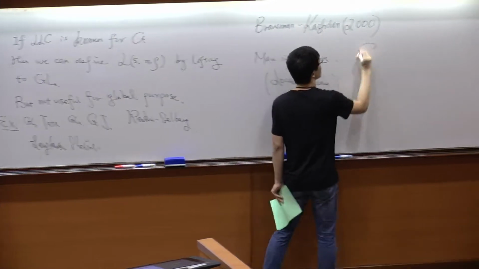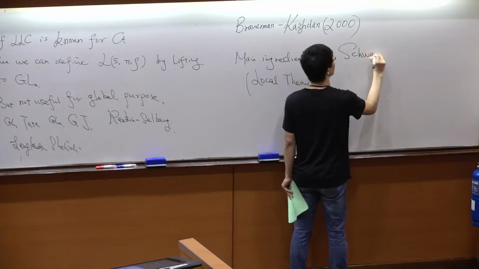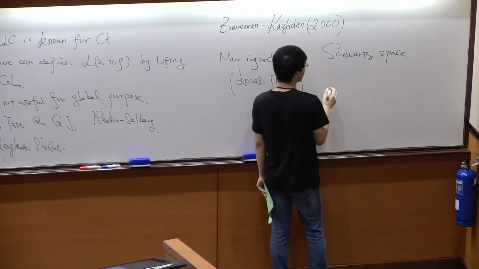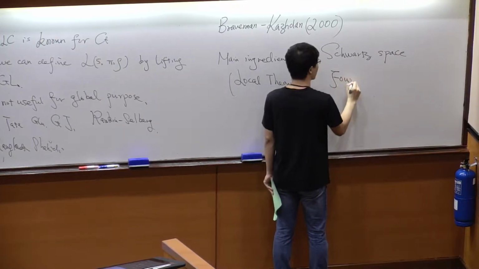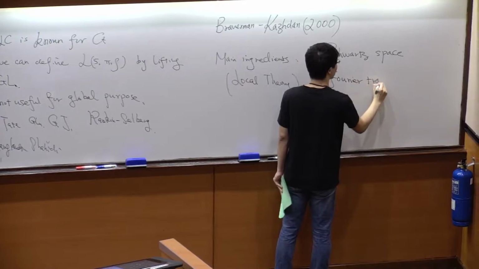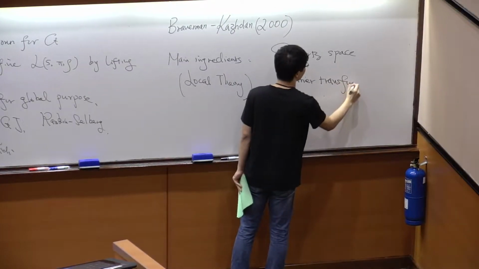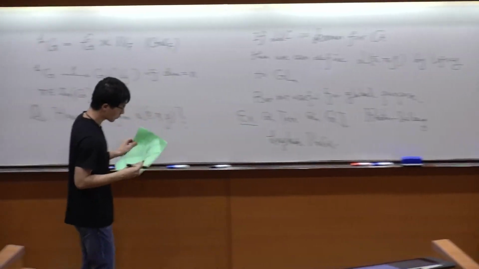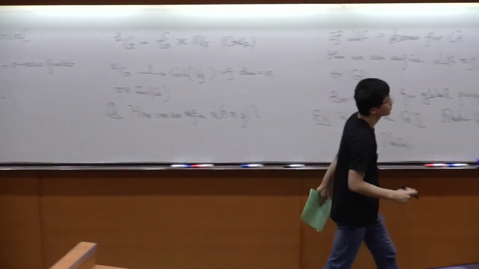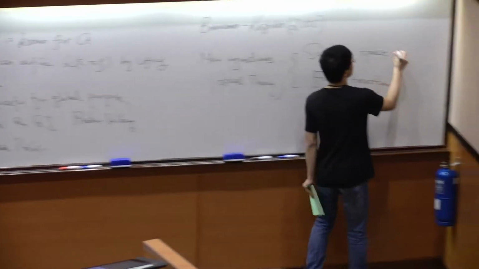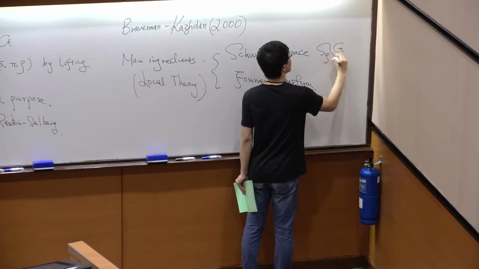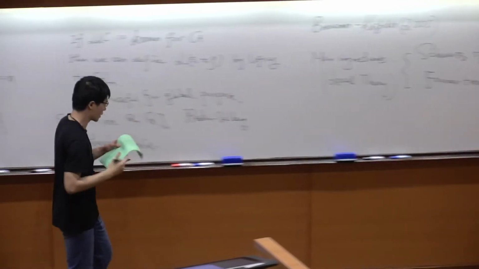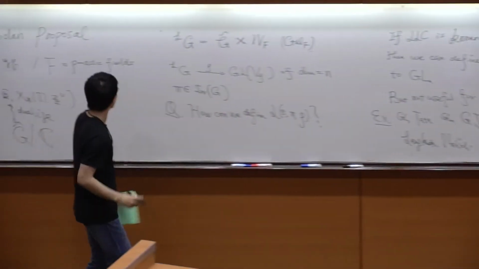One is the Schwartz space, and the other is the Fourier transform. We denote the Schwartz space to be S_rho(G), and let the Fourier transform be F_rho for notational convenience.